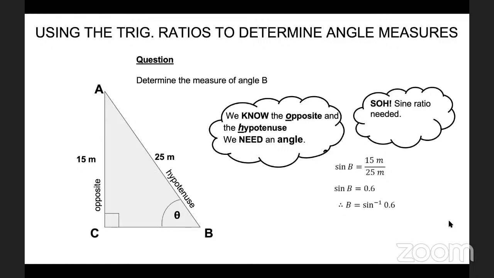Okay, I see 36.87, 36.86. Why is 36.86 almost right? Make sure you round off properly, everyone. There is a 9 that follows that 6, so we must round up.